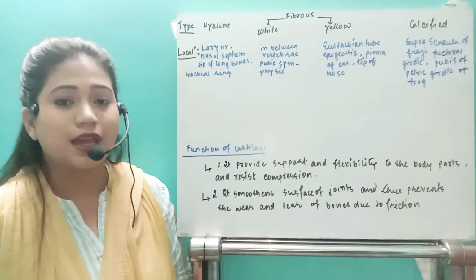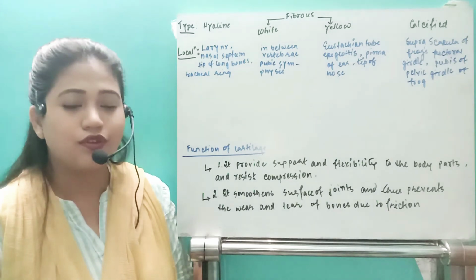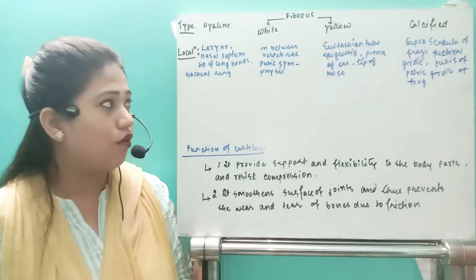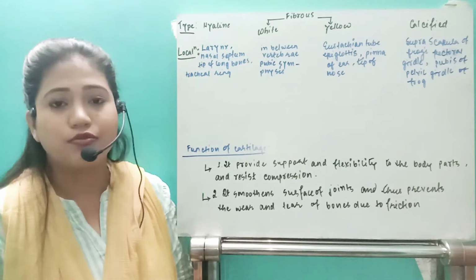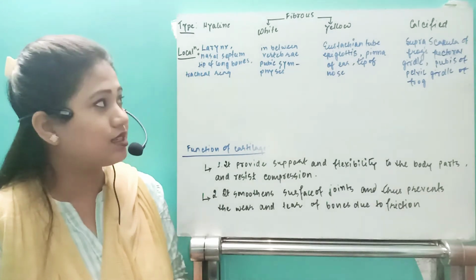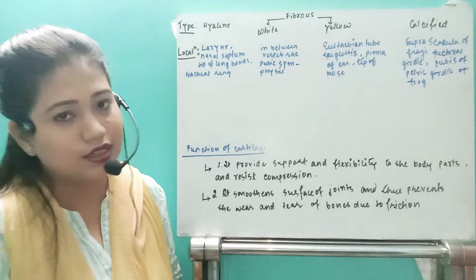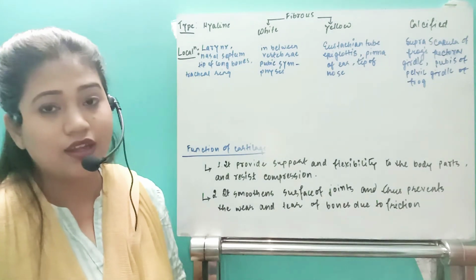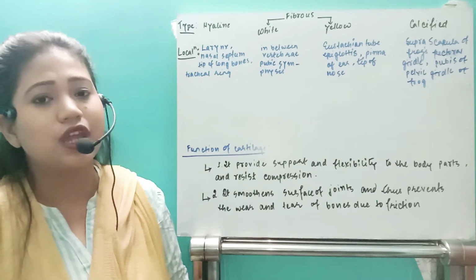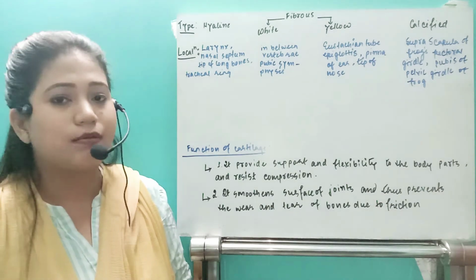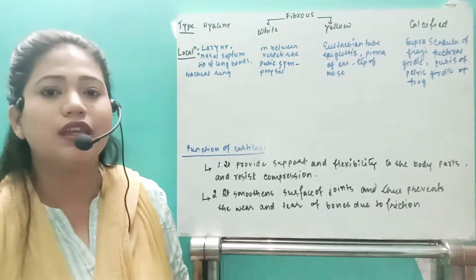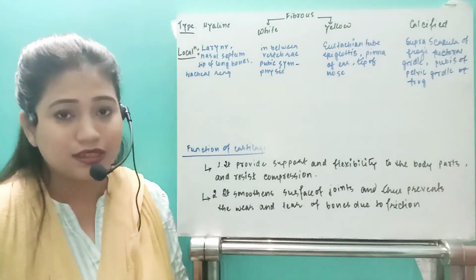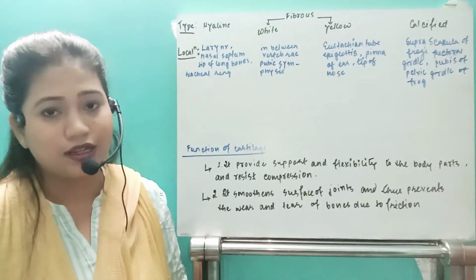Depending upon the type of fiber, we have two types of fibrous cartilage: the white fibrous cartilage and the yellow fibrous cartilage. And the third type is known as calcified cartilage, where there is a lot of calcium deposition in the matrix, that makes the cartilage bone-like, or more hardened.